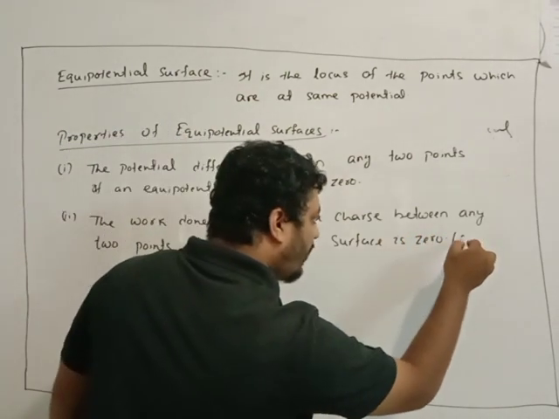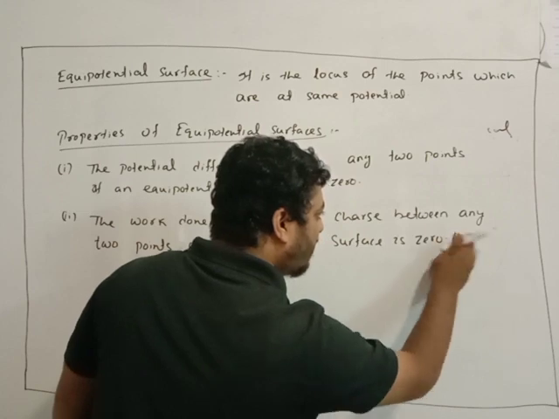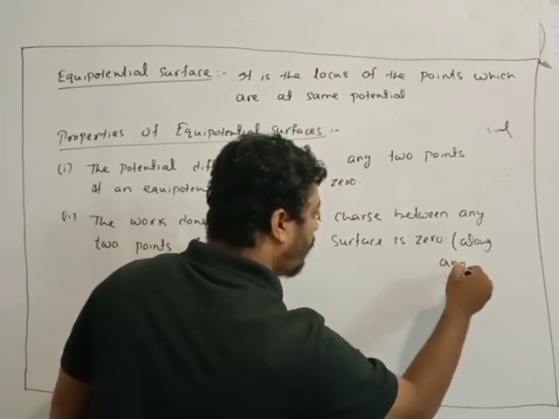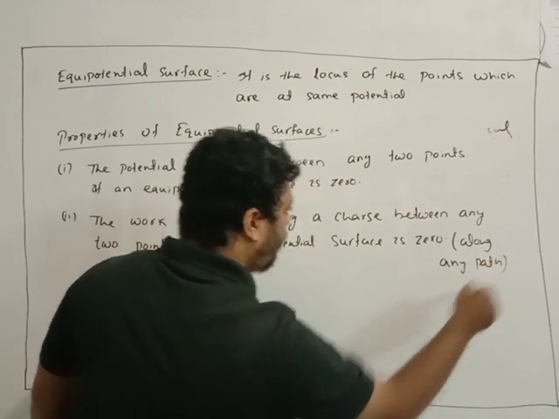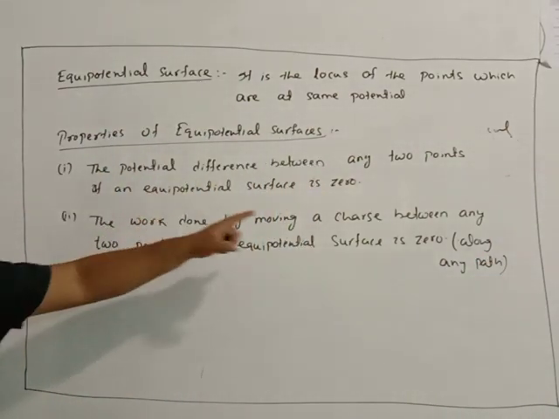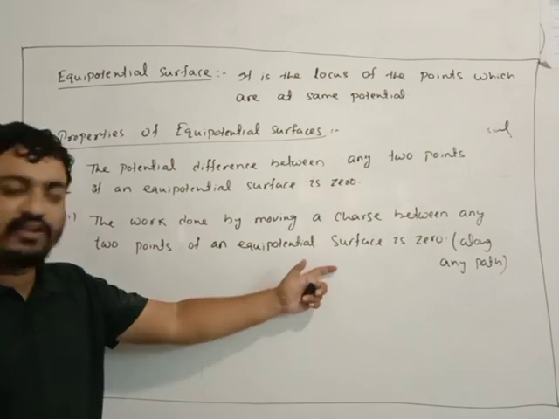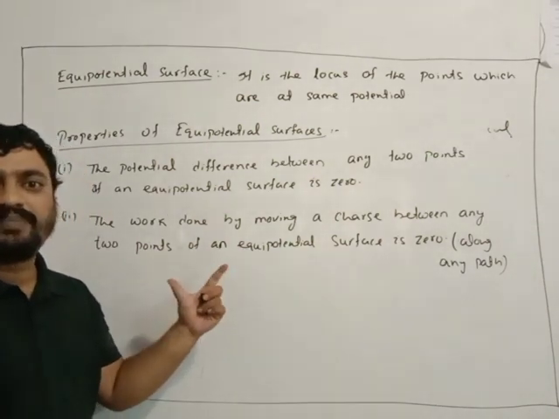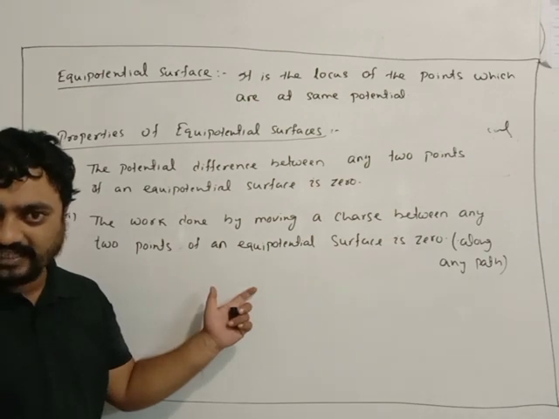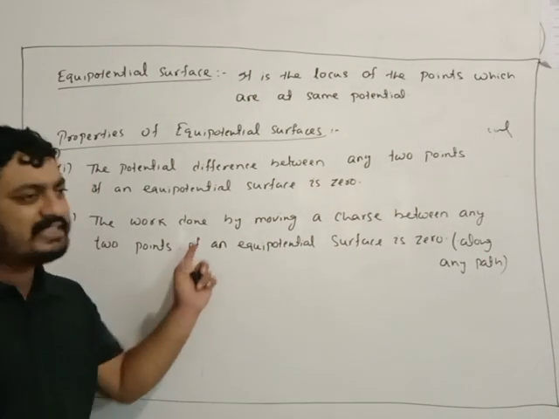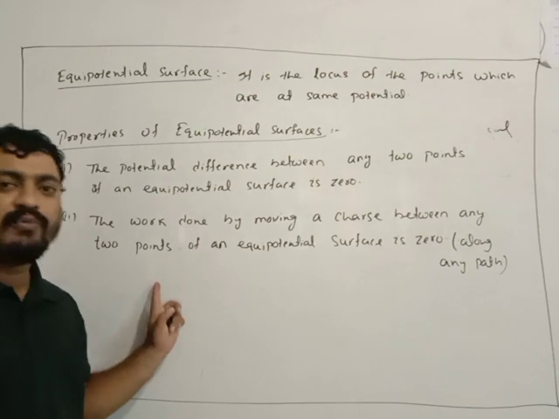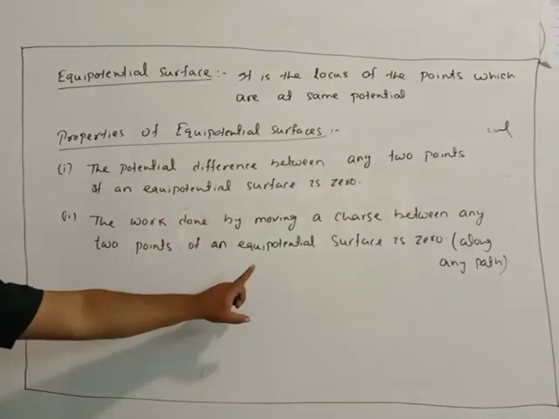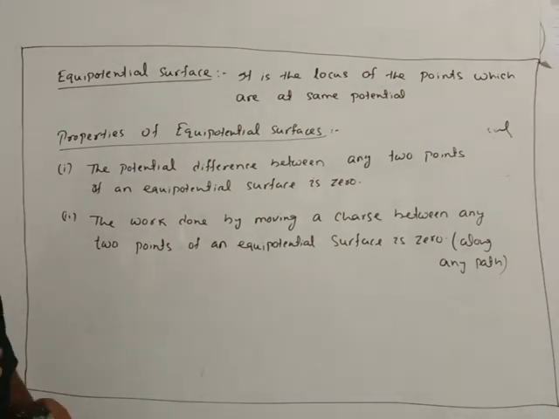So this is for along any path. Not necessarily charges should move along the equipotential surface. The initial and final point must lie in the same equipotential surface. If the charges are taken from one point to the other of an equipotential surface along any path, the work is zero.